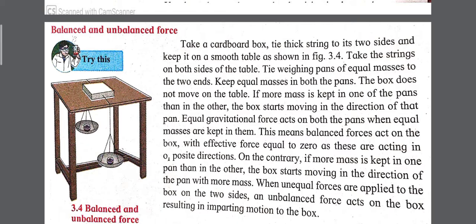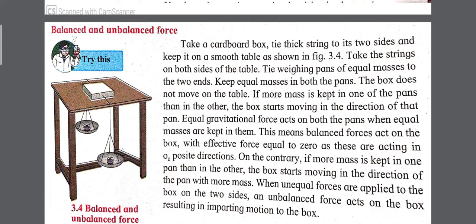Tie weighing pans of equal mass, means equal weight, to the ends of the string, to both ends of the string. And keep equal masses in both the pans.